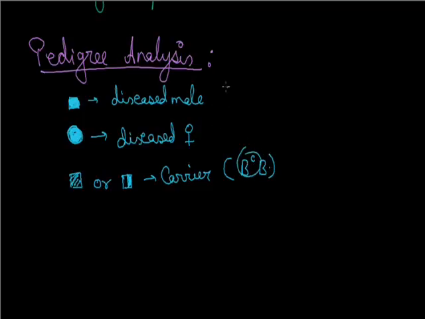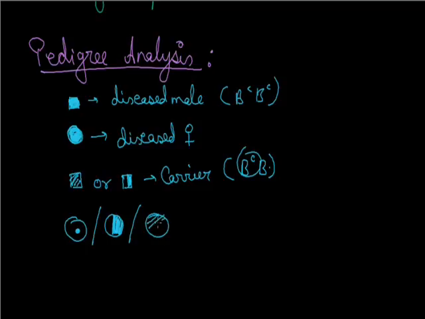And if we talk about diseased, both alleles are diseased. Here, a single allele is diseased. Similarly, this condition is called carrier female. Again, a single allele is diseased.